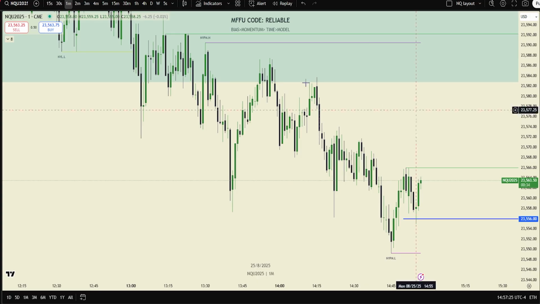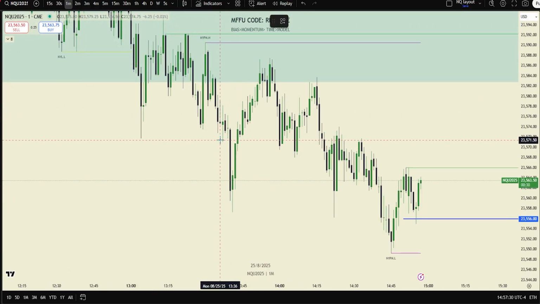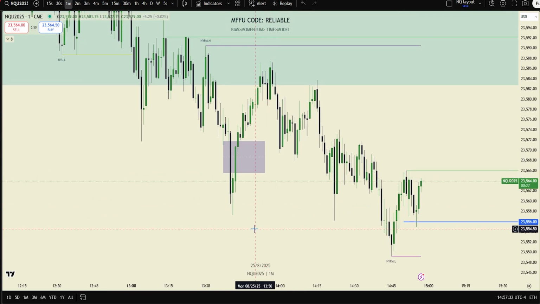Doesn't it look like a market maker sell model on the 5? Yeah. That's why this 1 minute long was concerning to me initially. Because this kind of looked like longing on the sell side of the curve.